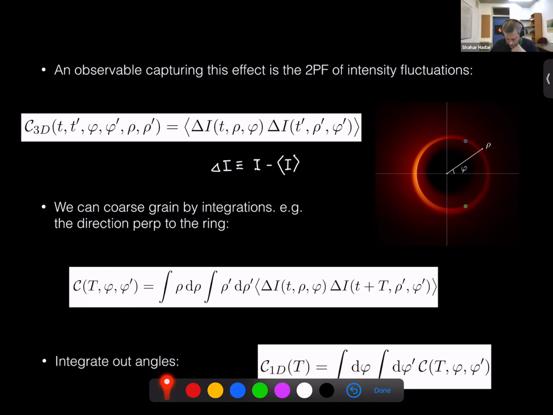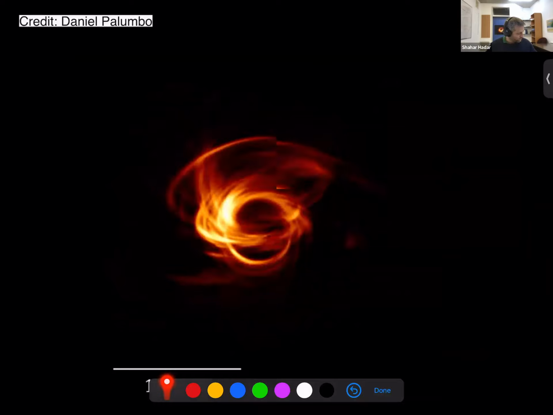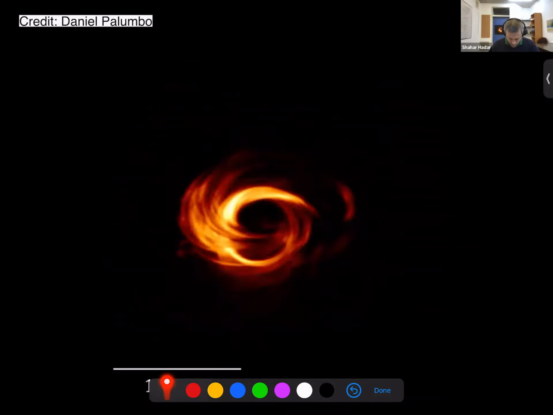And we can also coarse grain even more to get just the light curve correlation function, which is a standard practice.